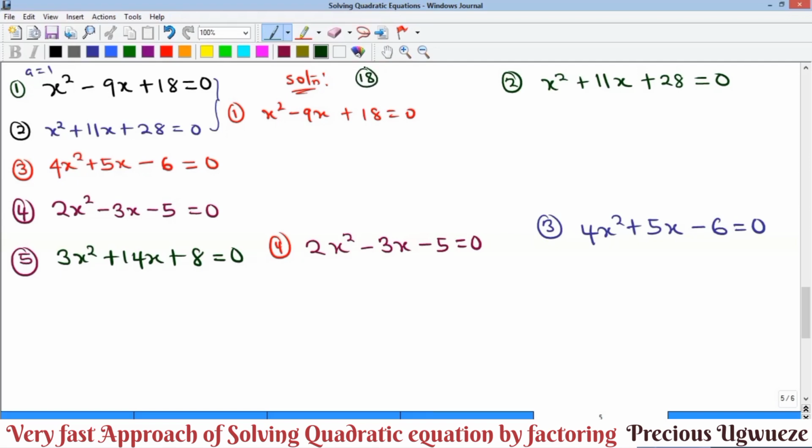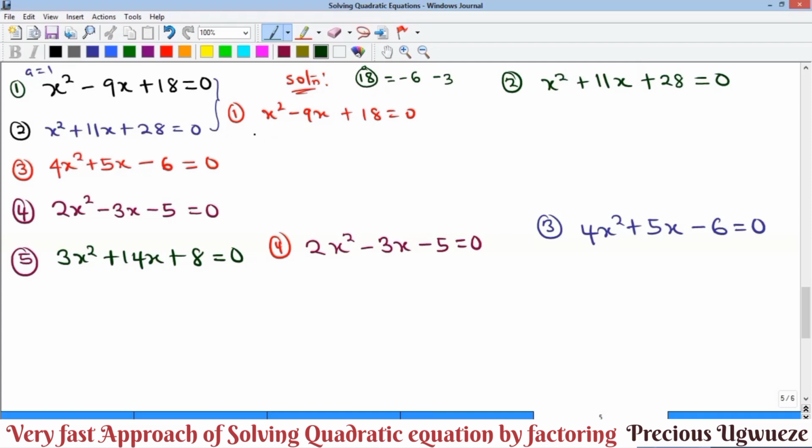So we are looking for two factors of 18 that will add up to give us minus 9, the coefficient of x, which is our b. What are the two factors of 18 that can give us minus 9? You would see here that there are minus 6 and minus 3. Of course, the product of these two will give you 18, and the sum will give you minus 9.